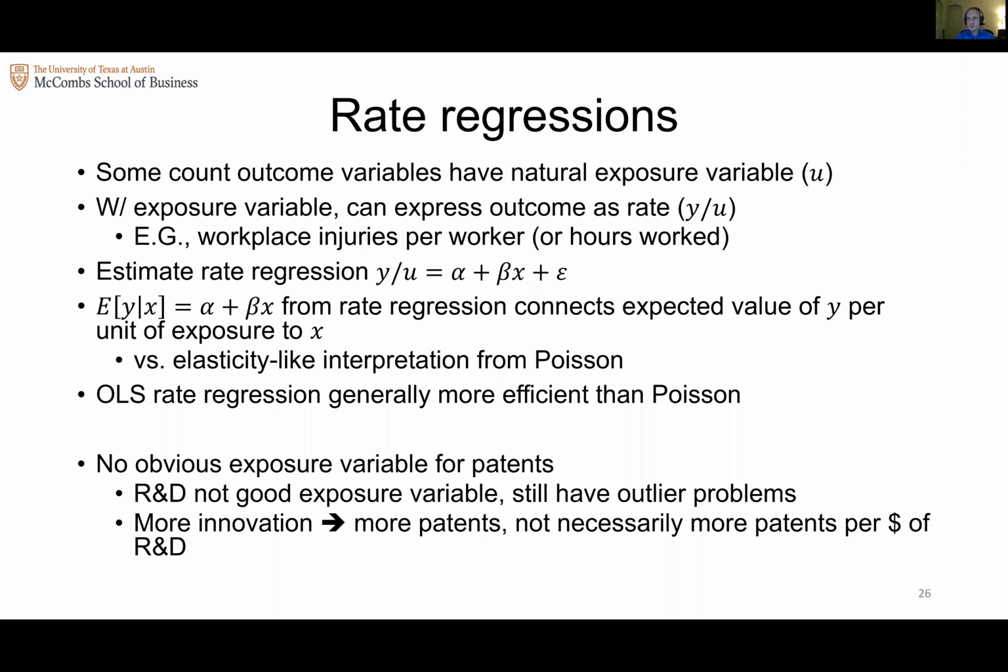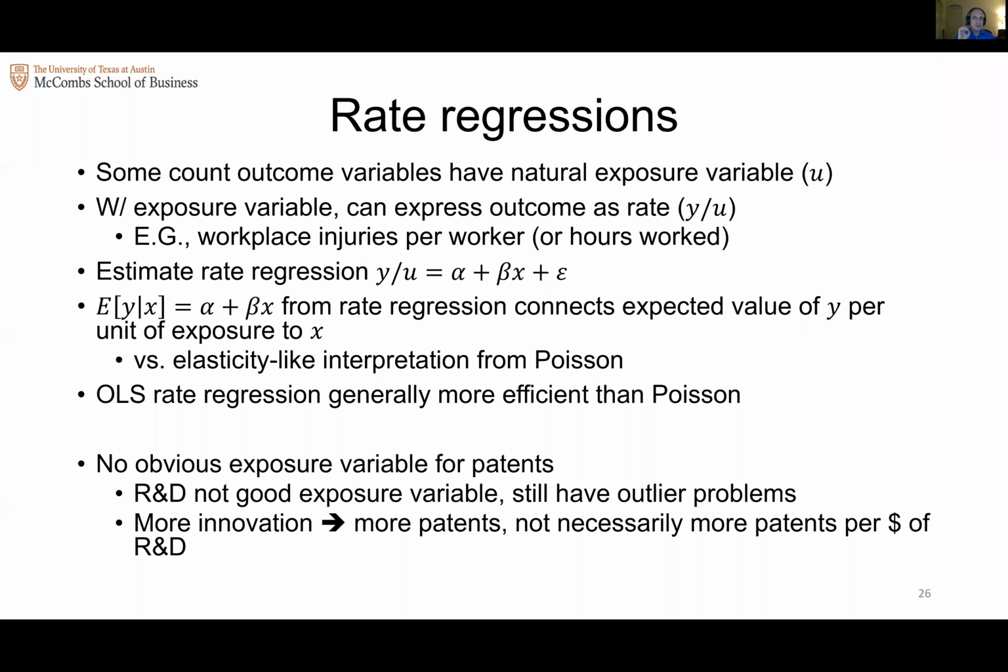Okay, and so an exposure variable is a variable that captures in a very clear way the baseline exposure that every observation has to whatever the underlying arrival process is that's presumably being modeled here. Just to give you an example, since Malcolm and I wrote this paper on workplace injuries, a lot of our regressions are based on the number of workplace injuries divided by either the number of workers or the number of hours that workers worked.